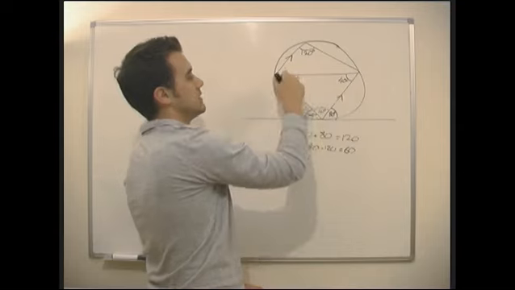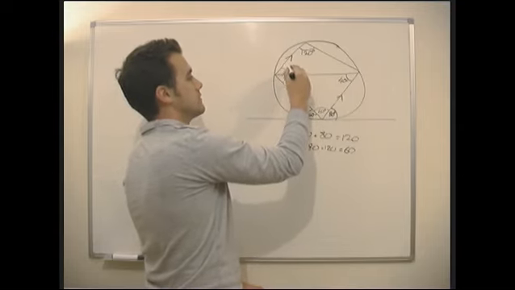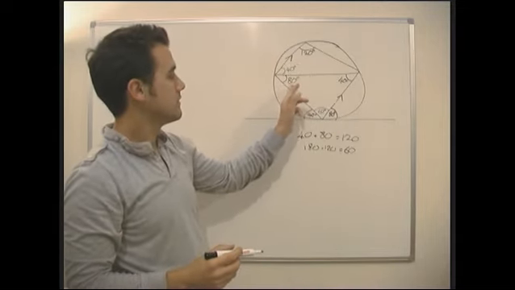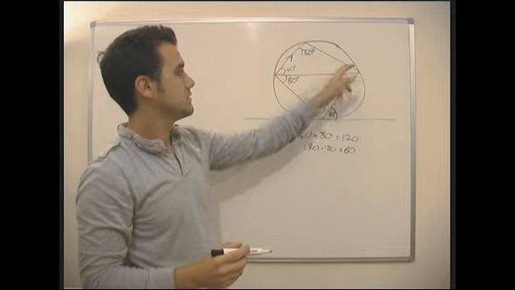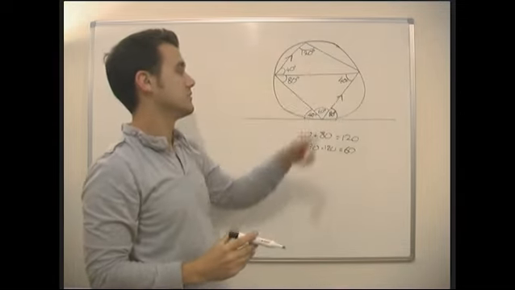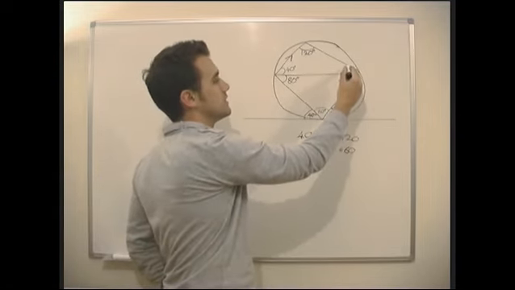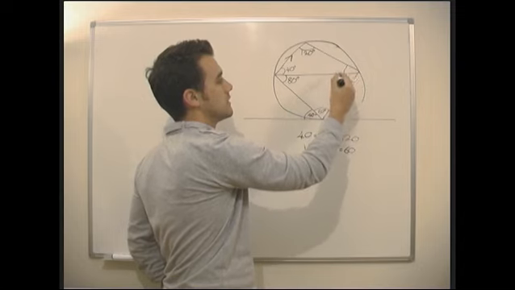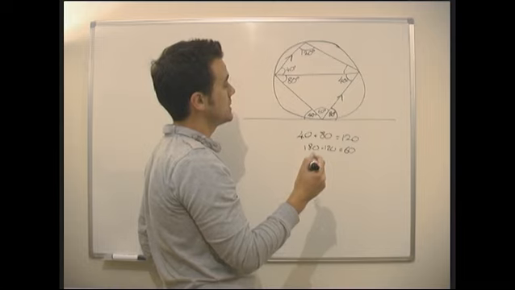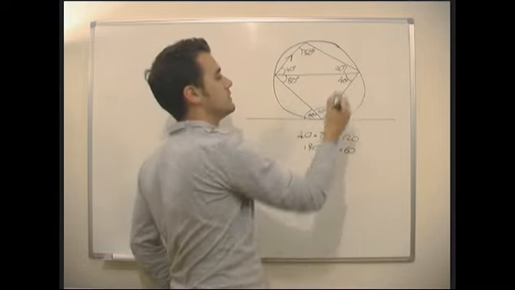So this here must be 40 degrees. Which leaves us with the fact that this plus this must equal 180. So we get 120 plus 40 gives us 160, so this therefore must be 20 degrees.